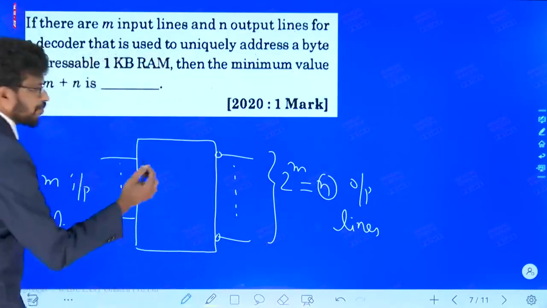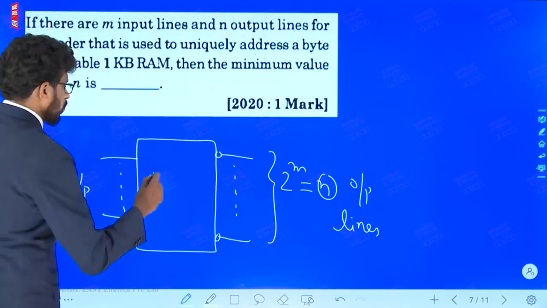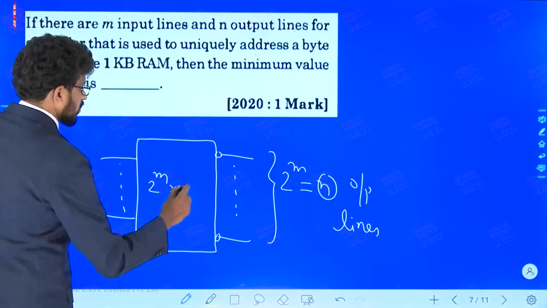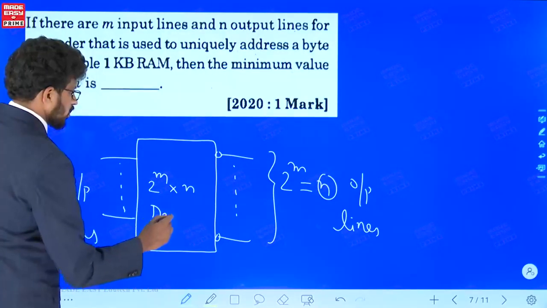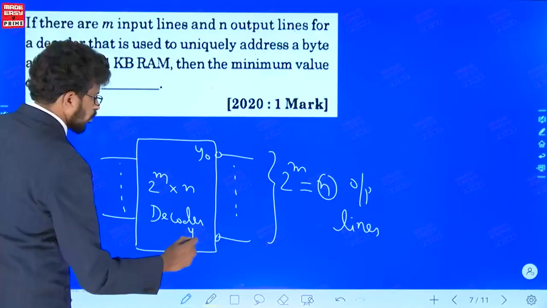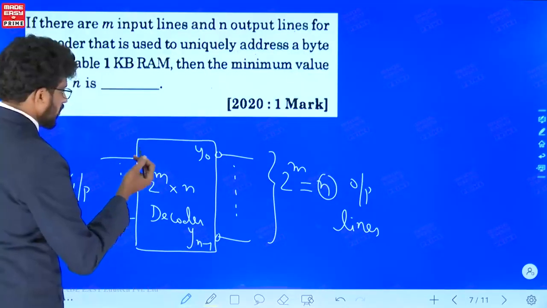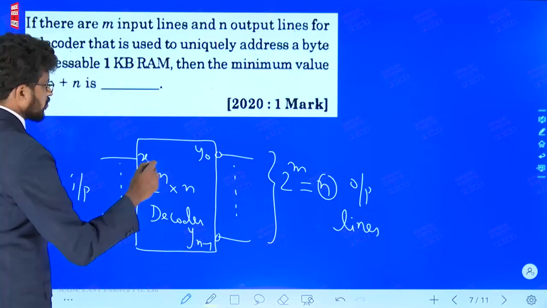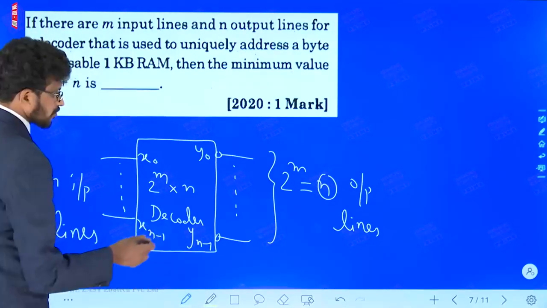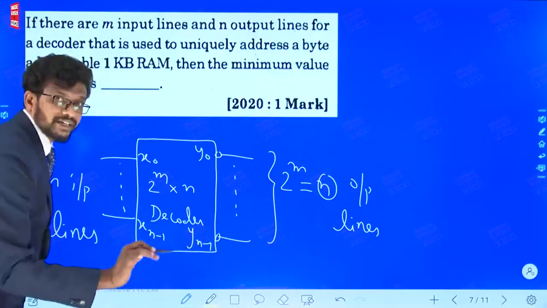A decoder will have m input lines and 2 power m output lines. That is why we say this is a 2 power m by some n decoder. These are the output lines, y0 to yn minus 1, and these are some input lines, whatever it is, c, b, a, and so on. I am just writing the input lines as x0 to xn minus 1. Don't get confused, this n and this n are different.